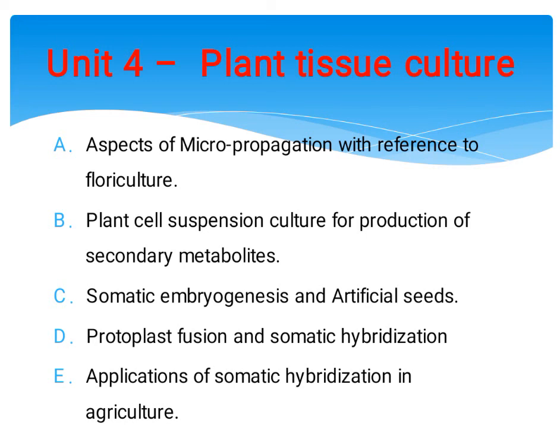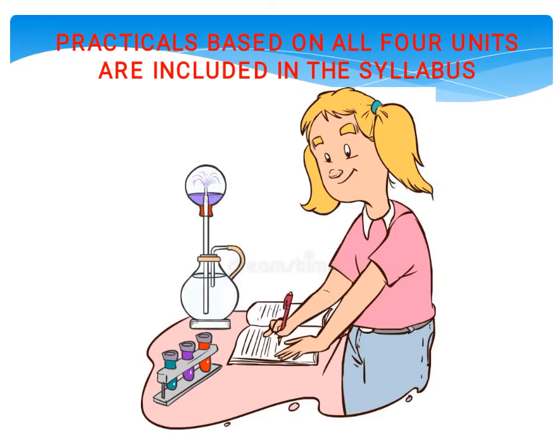Overall 4 units are there in Botany Paper 3 for semester 5. Semester 6 syllabus will be discussed in detail after completion of your semester 5. Along with these 4 units, you have to complete practicals based on all 4 units which are included in your syllabus.